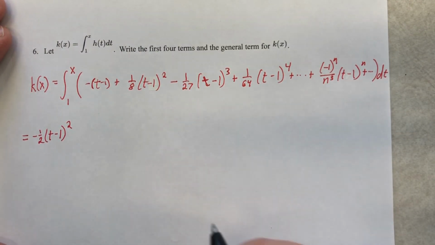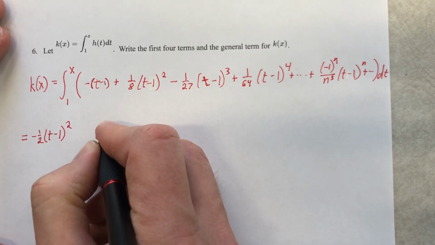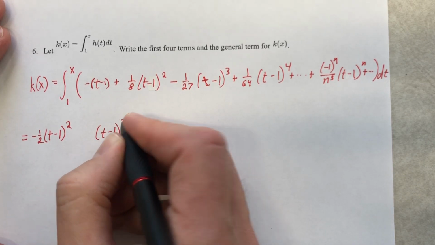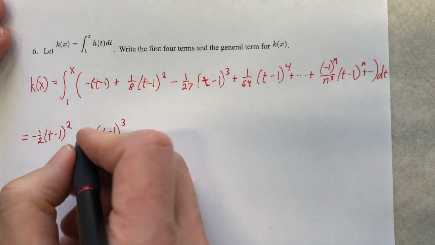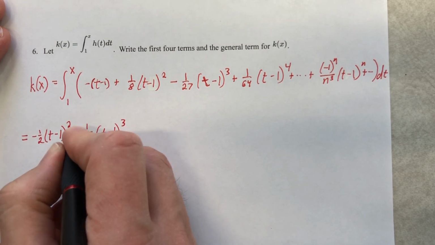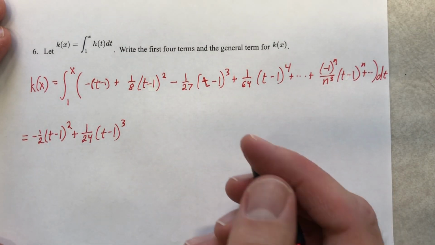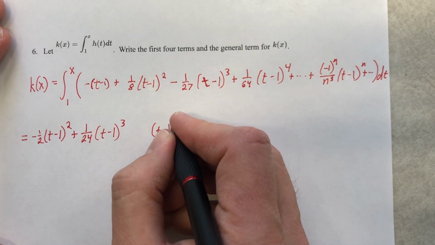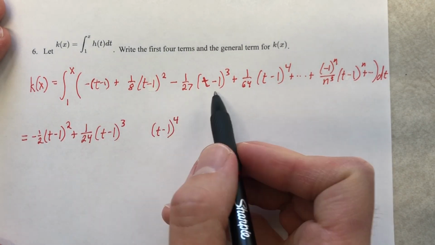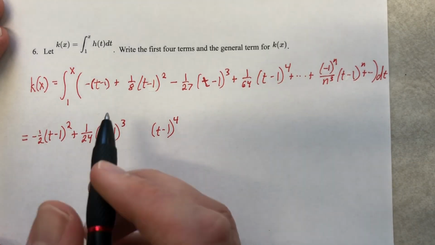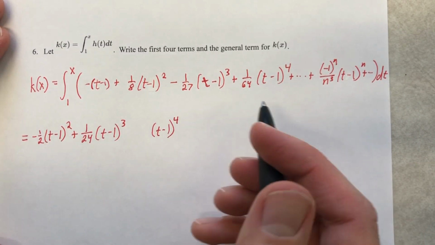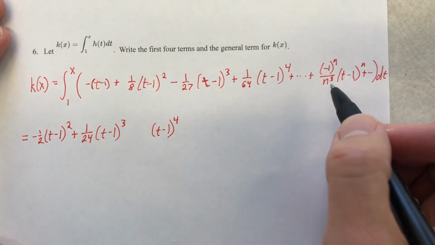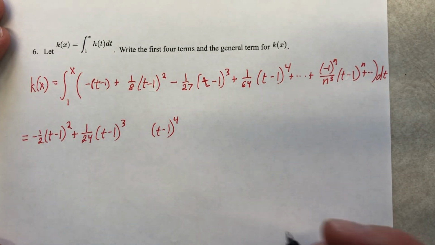These are going to be pretty straightforward. And then next term, t minus 1, and it is cubed. 1/8 divided by 3, well, that would be 1 over 24. That one's positive. All right, going to add this exponent, t minus 1 to the 4th. Sometimes it helps to do the first 4 terms or 3 terms or however many, so when you get to the general term, you'll be able to identify patterns a little bit easier.